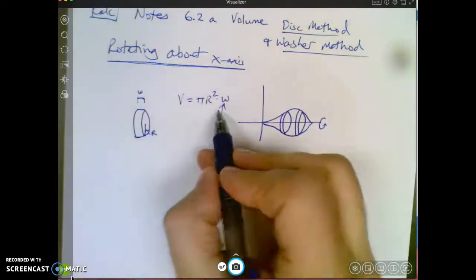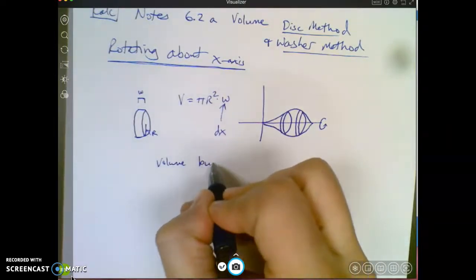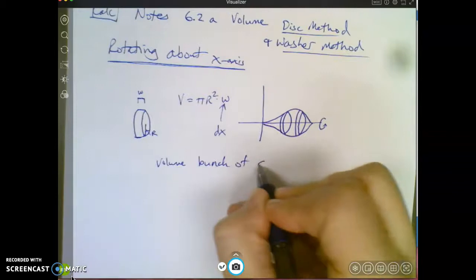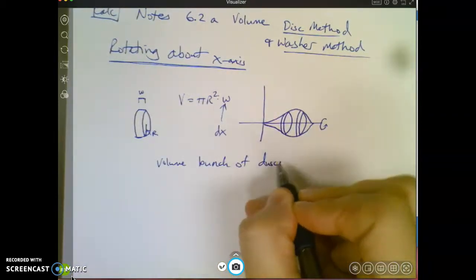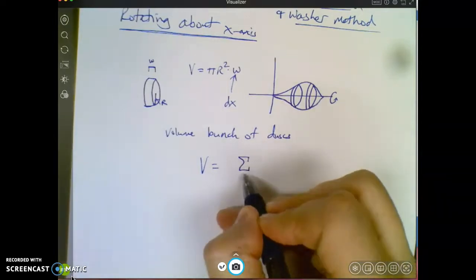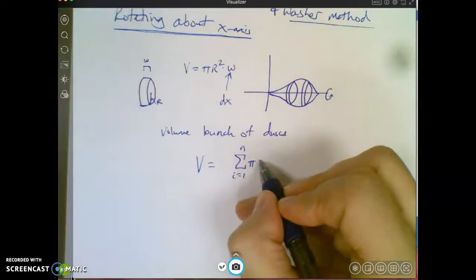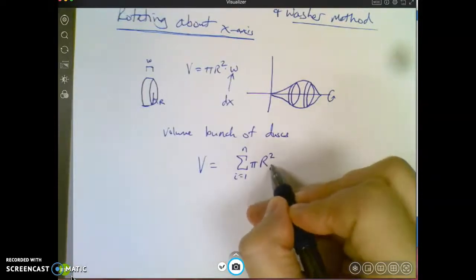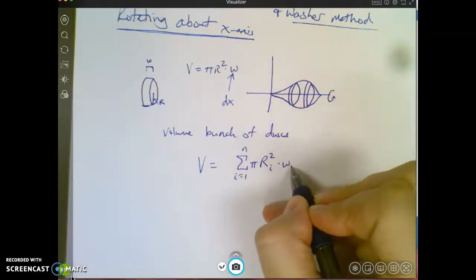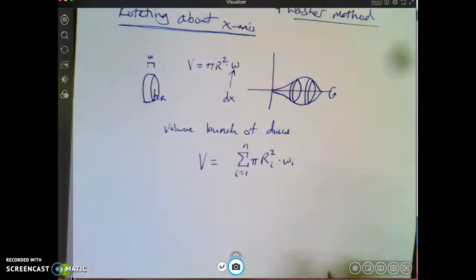So if that's the volume of one disk, the volume of a bunch of disks can be written like this. It's the sum from 1 to n of pi r squared times width. You're just doing a disk and a disk and a disk, however many disks you have.